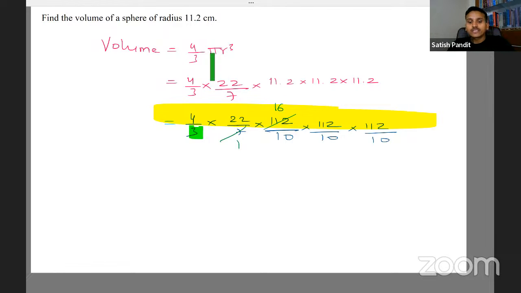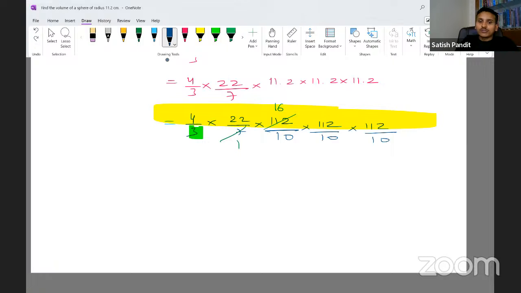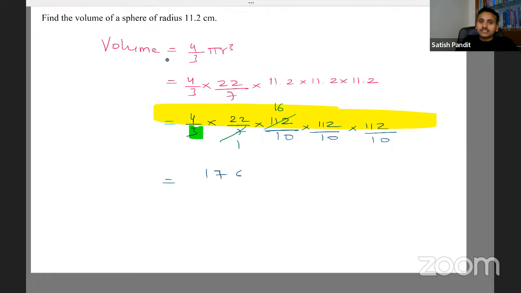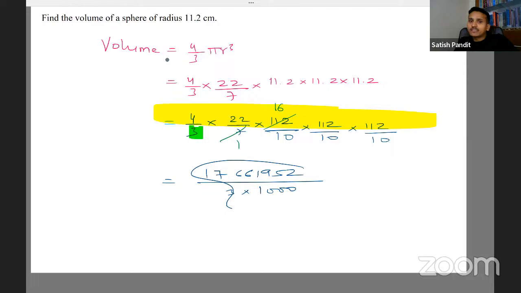So 4 into 22 into 16 into 112 into 112 into 112. If you multiply, the numerator will be 17661952 divided by 3 into 1000. You can write 3000 also, but I'm writing 3 into 1000.